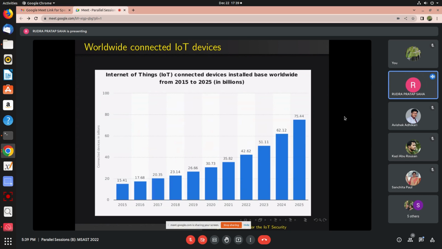Now we show worldwide connected IoT devices: the Internet of Things connected devices installed base worldwide from 2015 to 2025, in billions. The statistics show approximately 15 billion in 2015, and 75 billion projected by 2025. From this picture we see that Internet of Things devices are growing exponentially.